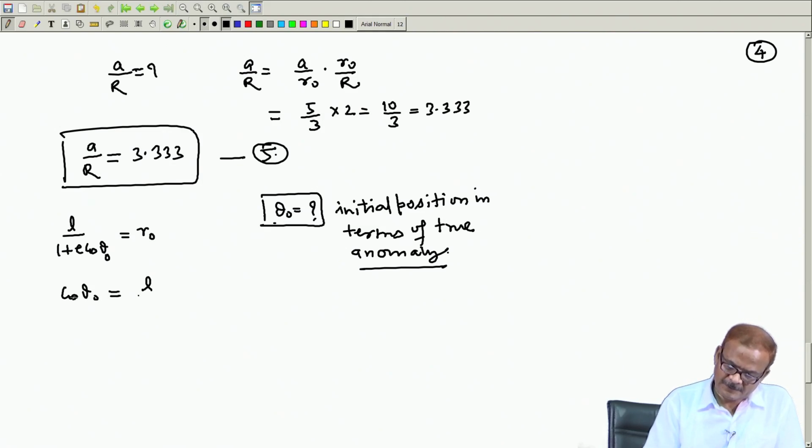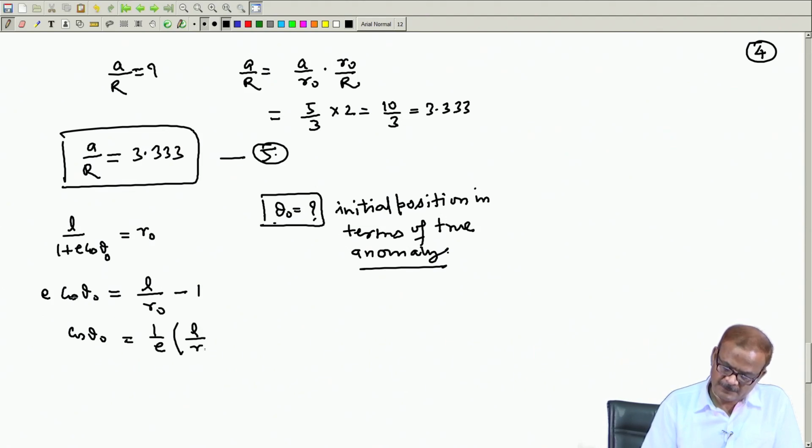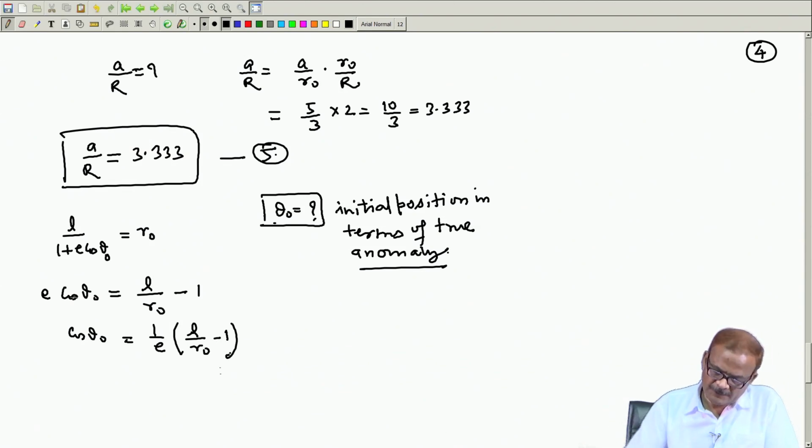So, we start with writing L by r 0 equal to 1 plus e cos theta, so 1 by r 0 minus 1 e cos theta. Therefore cos theta 0 is 1 by e times L by r 0 minus 1. Already we have determined all these quantities.